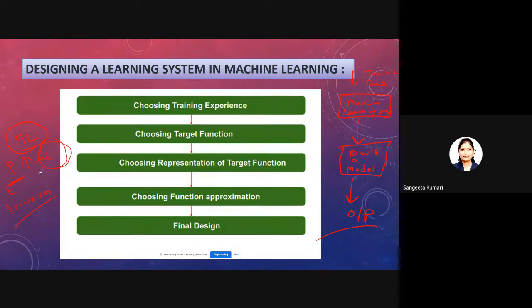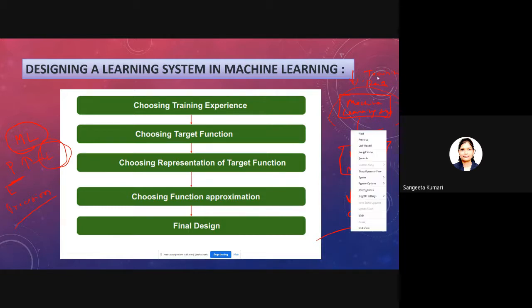So now coming to the steps for designing a learning system in machine learning, the very first step is choosing the training data, right? So you need to choose a training experience. You need to identify what would be the input of this machine learning algorithm. Here, as I told, the very first thing is identifying the training data.